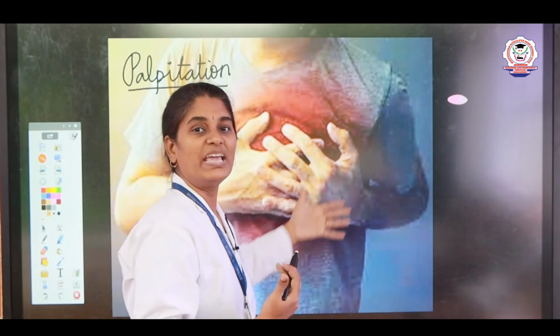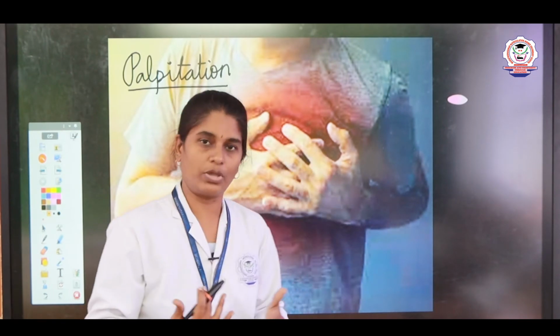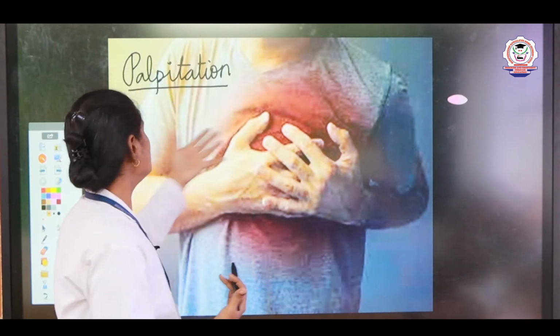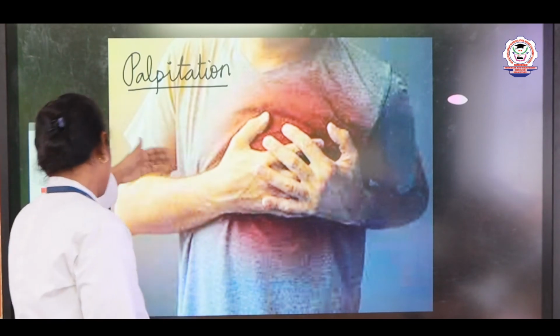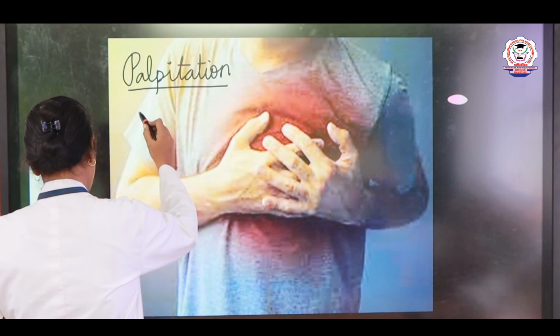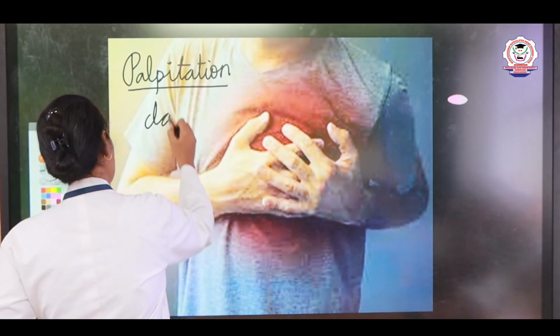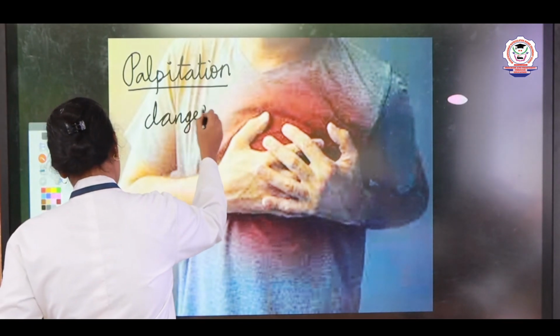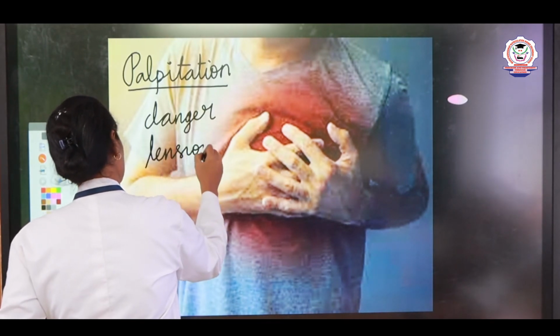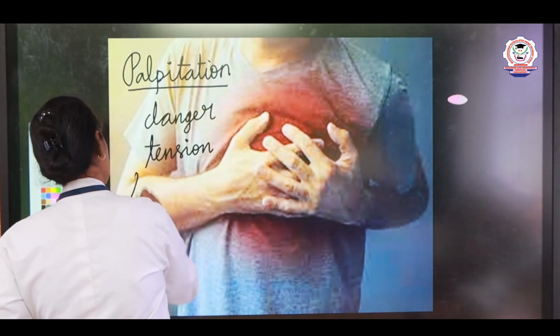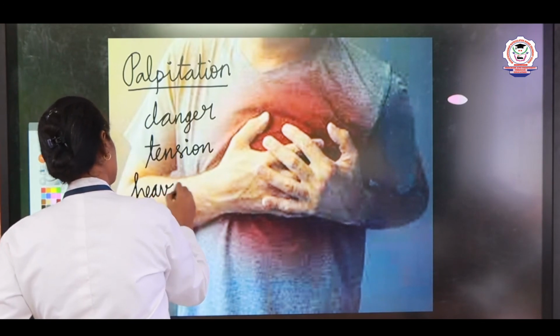During this time, the patient will be conscious. The reasons can be danger, tension, and heavy exercise.